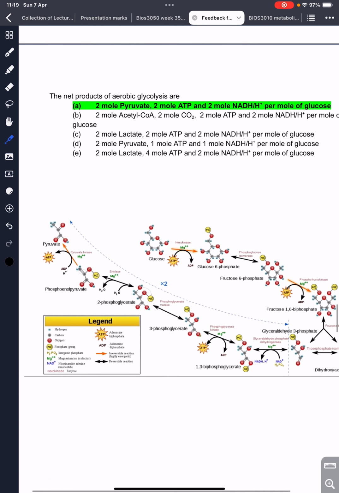And this question here asks about what are the net products of aerobic glycolysis. And aerobic glycolysis means that we do not convert the pyruvate that we get at the end into lactate.